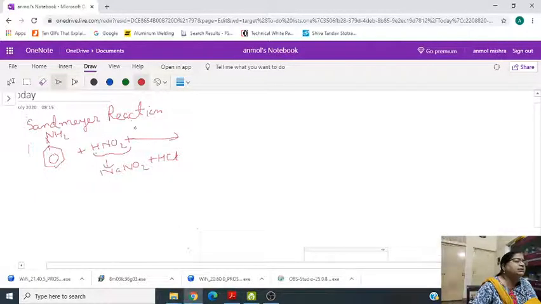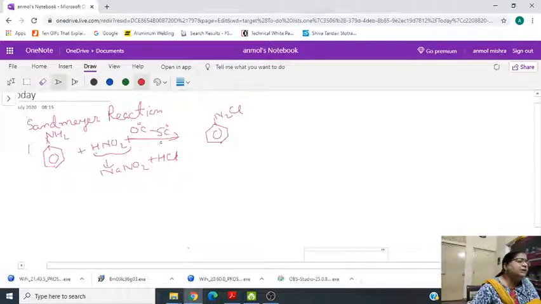Now temperature should be between 0 degree centigrade to 5 degree centigrade to form benzene diazonium chloride.